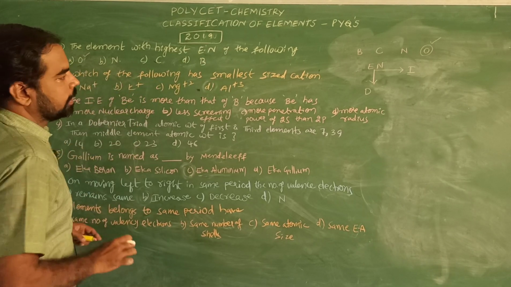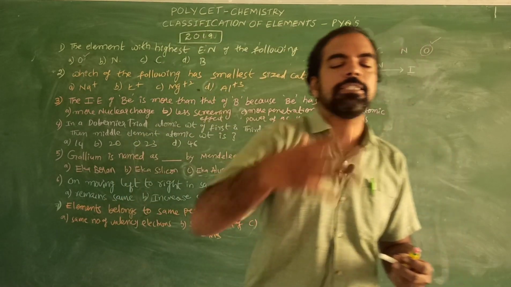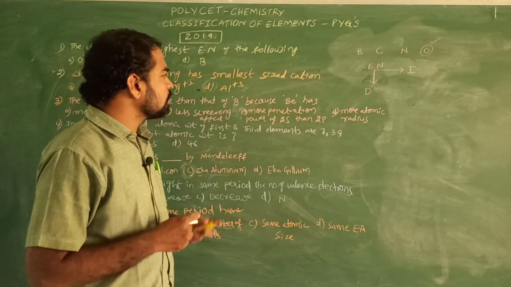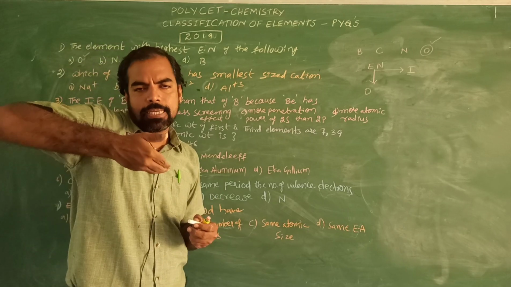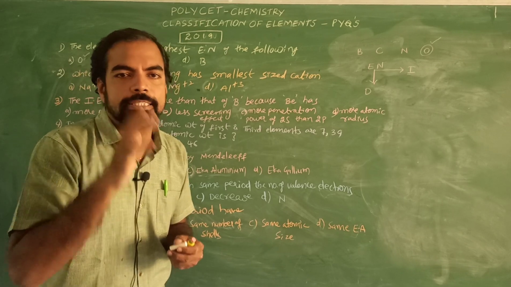Which of the following element has smallest sized cation? Remember, for smallest sized or largest sized, as much as positive charge increases on the ion, the size will be less.